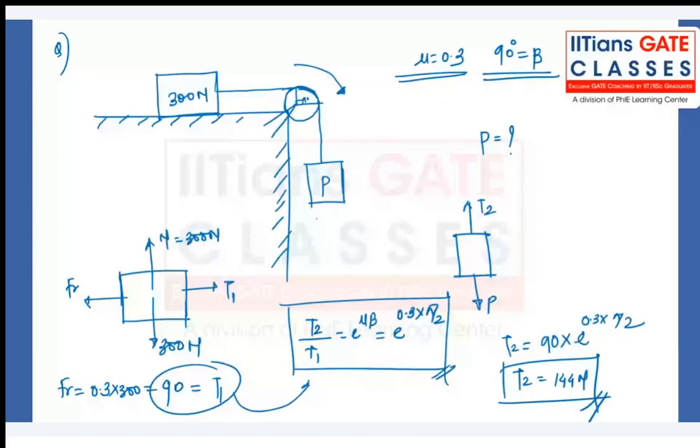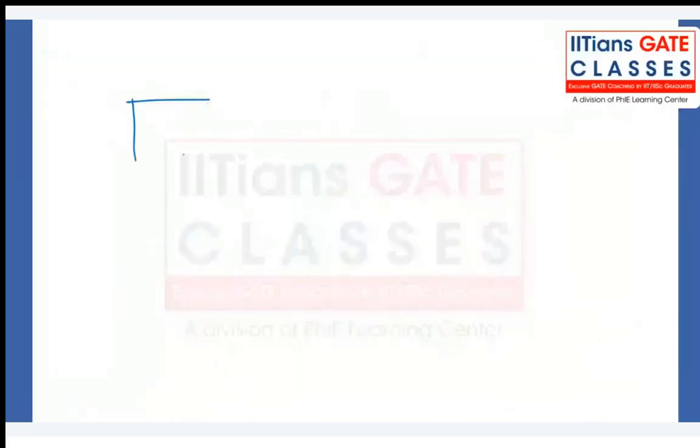So the free body diagram for this. Okay, this is your figure. Then let's say this is your weight acting downward. This is the normal reaction. And you want to consider it as T2, right? You can consider. And this is the frictional force.